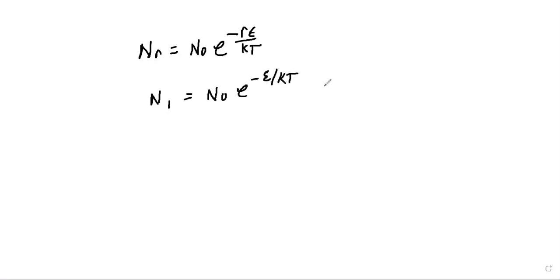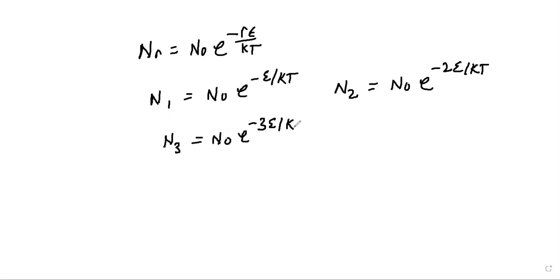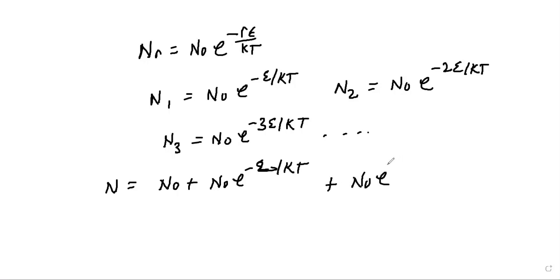Similarly, N2 is N0 e to the power minus 2E by kT, and N3 is N0 e to the power minus 3E by kT, and so on. Then substitute these values in N, which is N0 plus N1, that is N0 e to the power minus E by kT, plus N2, which is N0 e to the power minus 2E by kT, plus up to this way.